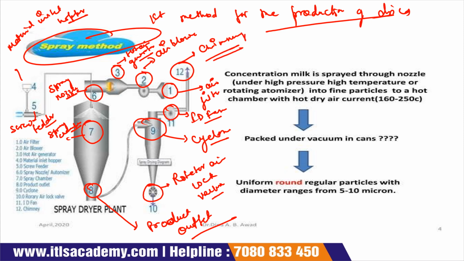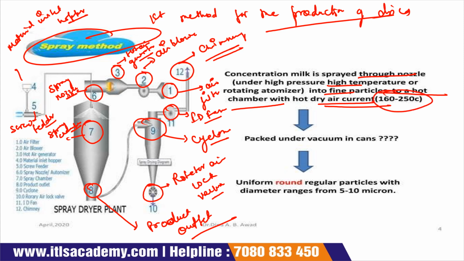Now concentrated milk is sprayed through a nozzle under high pressure and temperature into fine particles in a hot chamber with hot air current, that is around 160 to 250 degrees Celsius.